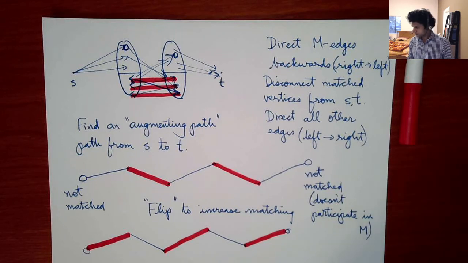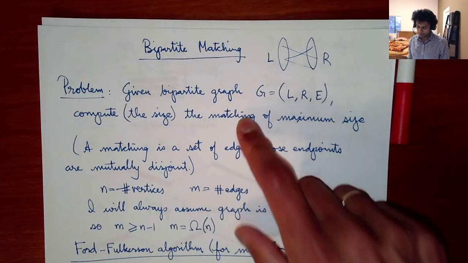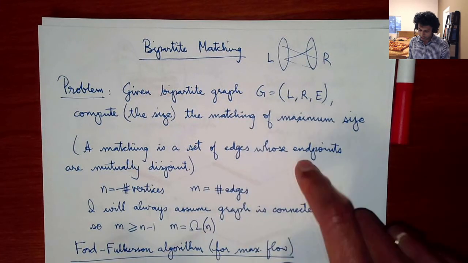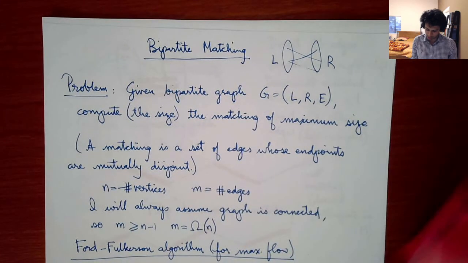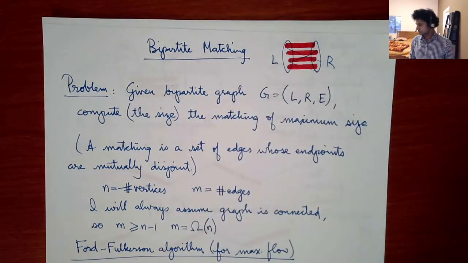Can you just re-describe what matched means again? Sorry, I forgot already. So yeah, your aim is to find a matching. And a matching is a set of edges whose endpoints are mutually disjoint. You're given a bipartite graph, you're trying to find a set of edges of this form. So any vertex that is participating in such a red edge is matched, and any vertex that is not participating is not matched.